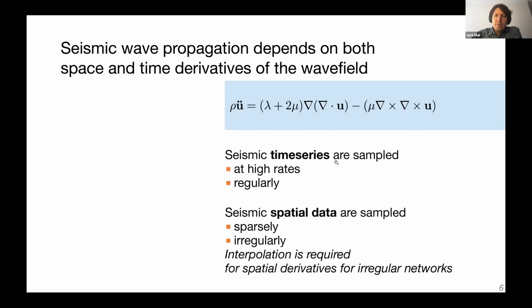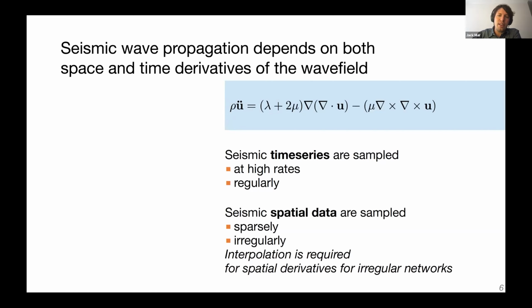Seismic time series typically are sampled at high rates and relatively regularly. So this means the left-hand side of the equation we can get down pretty well. And that's essentially what the 20th century story of seismology was: being able to make these records very, very accurate. However, on the right-hand side, spatial data is typically sampled sparsely and irregularly. This is especially true in research settings, which is what I'm more used to.